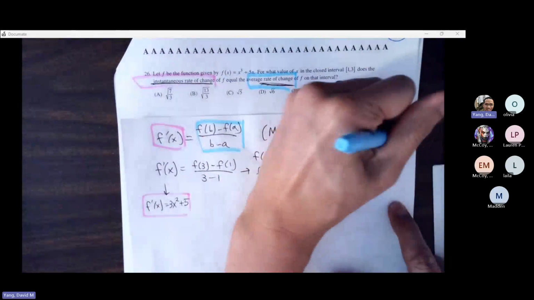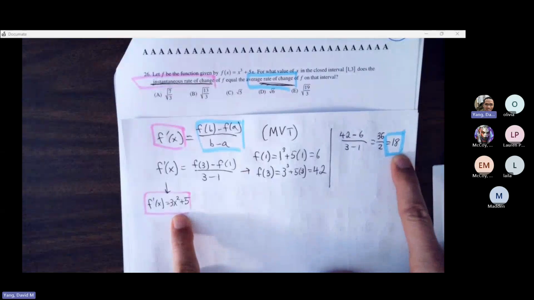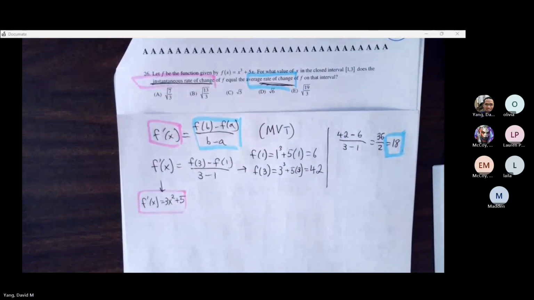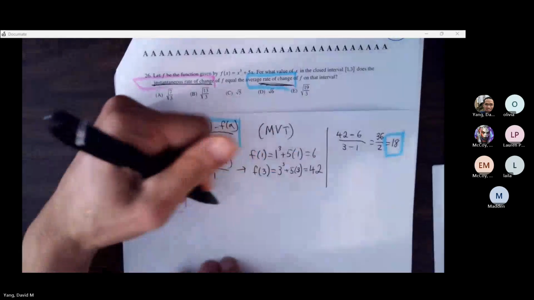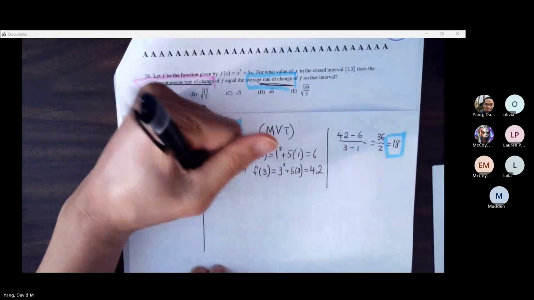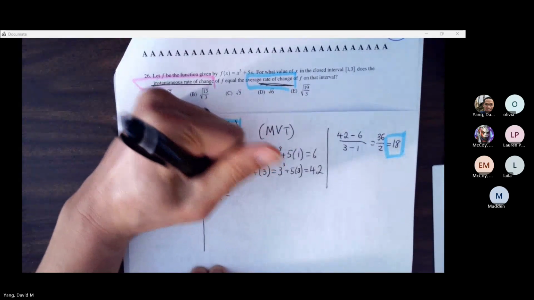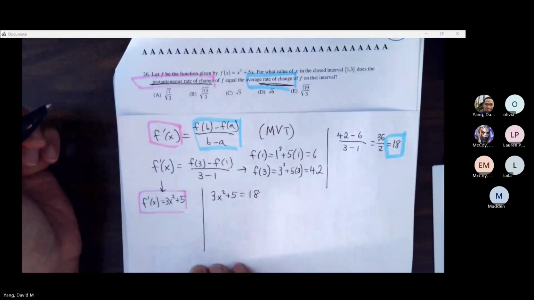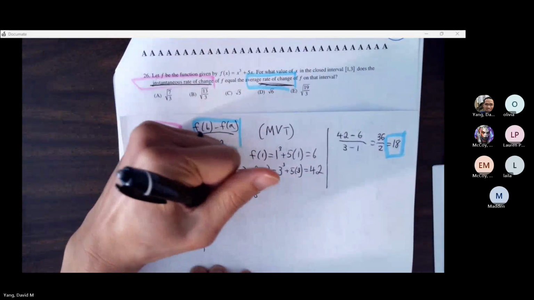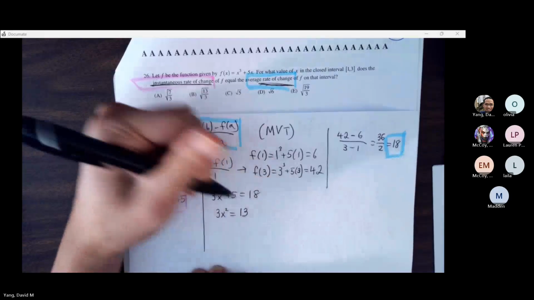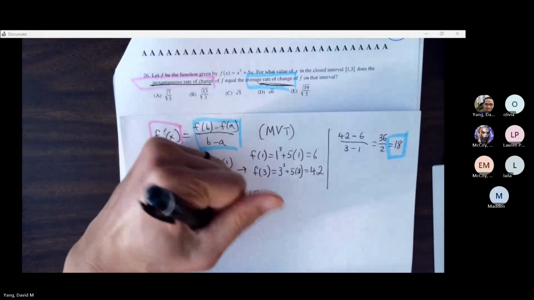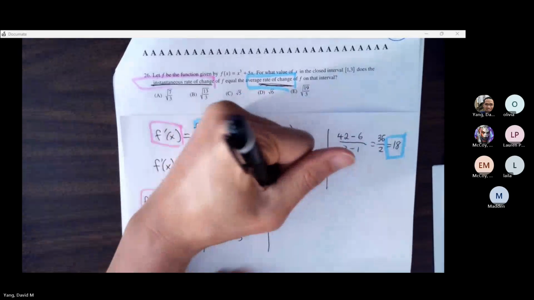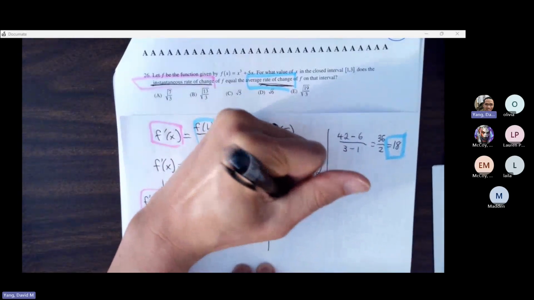So we have our average rate of change. We have our derivative. We'll set them equal to each other and solve for x. Take the square roots, plus or minus.